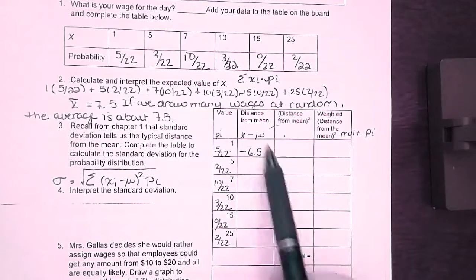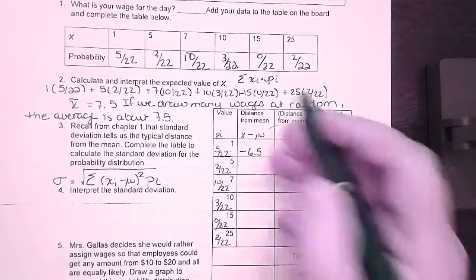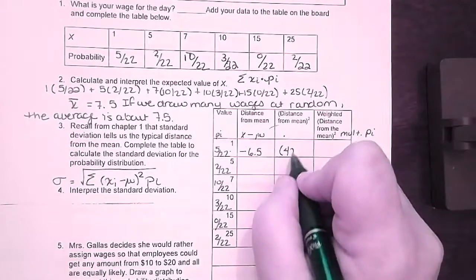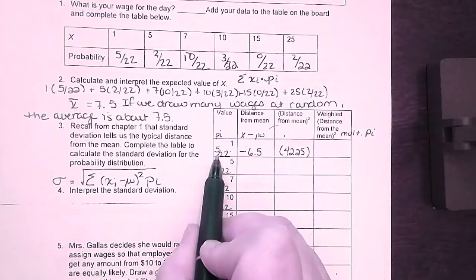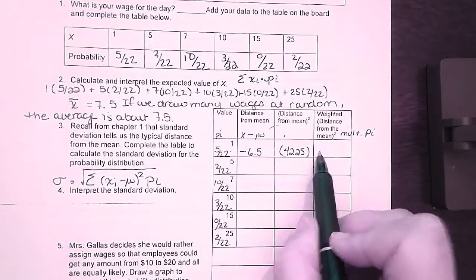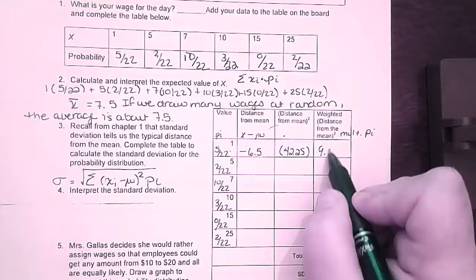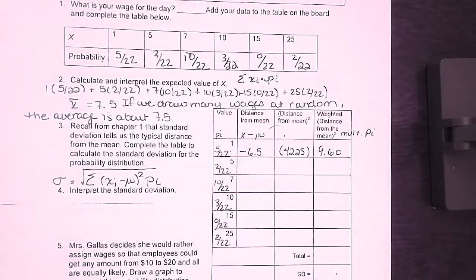Remember, this will always end up being positive because you're squaring it. 42.25. And then I multiply it times this probability to get this number here. Okay, so do me a favor and pause the video and see if you can come up with those for each point. So go ahead and pause the video.